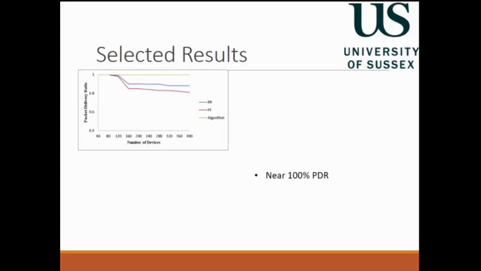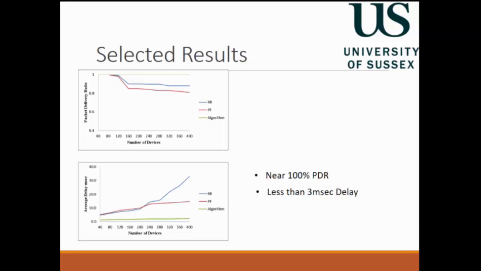Selected results that we use, probably this is small, I tried to make it bigger, but you can see that when the network is getting congested, this is with 400 devices, packets get dropped when you're looking at proportional fair and round robin, but with our algorithm, we almost had near 100% delivery ratio.